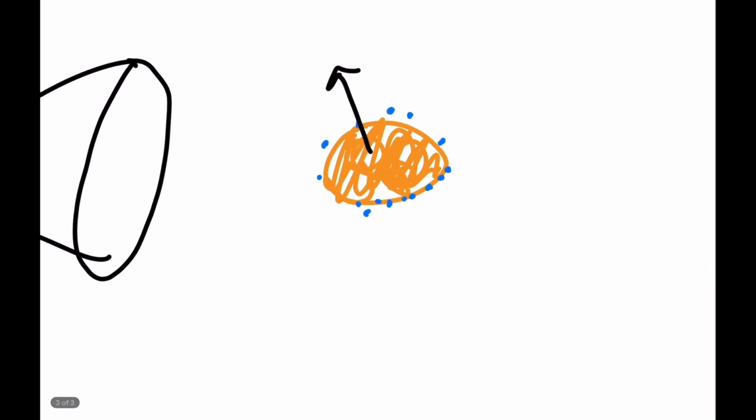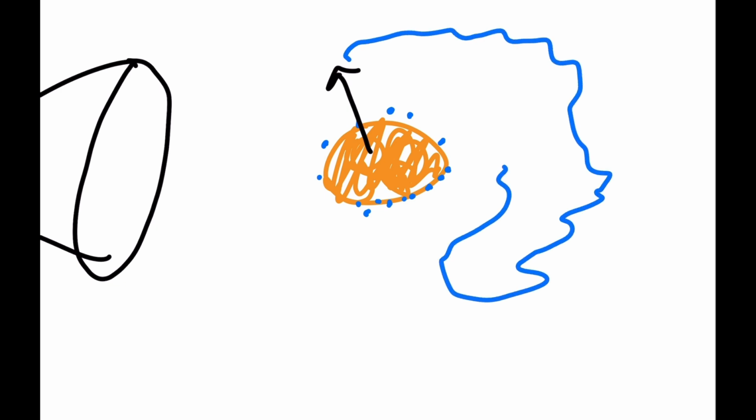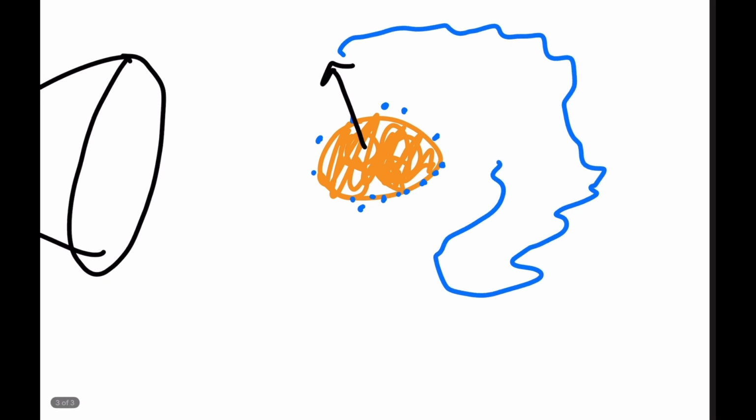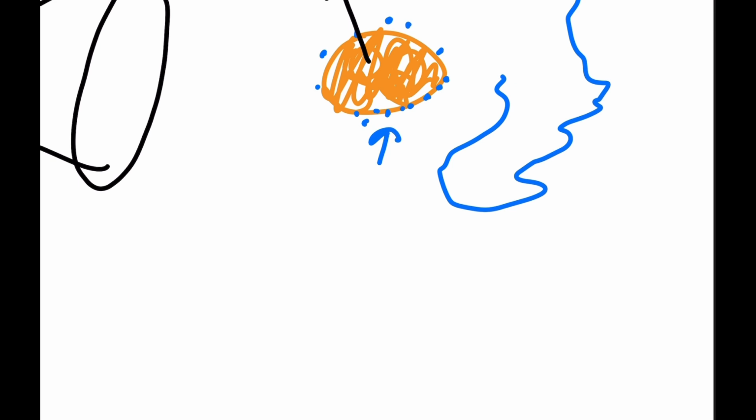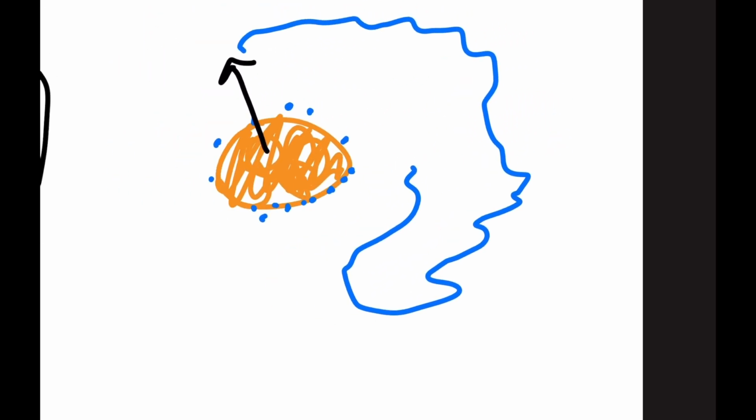So if there's more on this side, there'll be more of a force here, and because there are different amounts of force at different sides, it's going to cause a really random motion at different points. Because there's a slight imbalance; when objects get larger you don't see Brownian motion because these forces cancel out. That's why you don't see people moving around in random directions because of the wind.